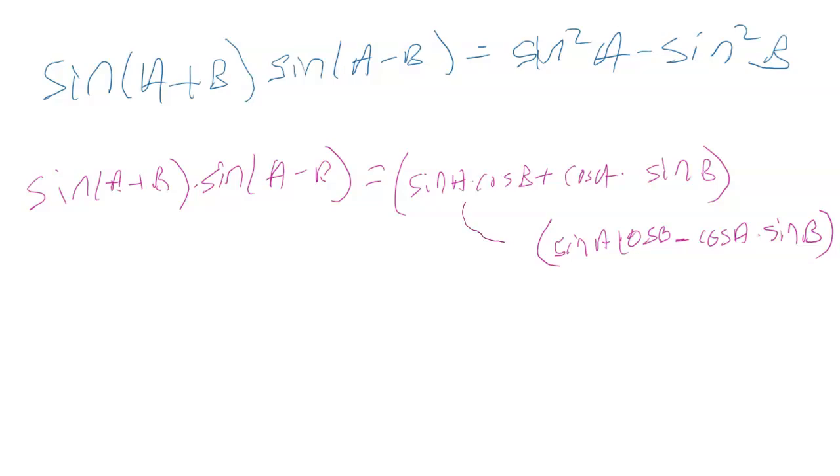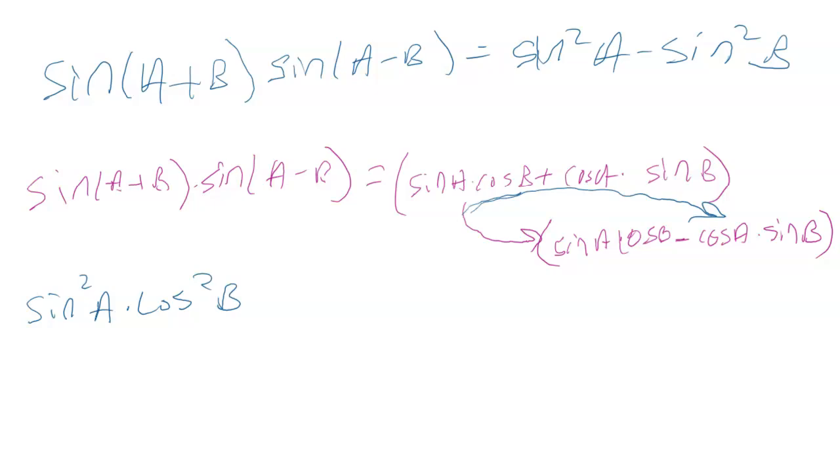So I'm going to do first times first. That is going to turn into sine squared A times cosine squared B. First times first, and then outside times outside.